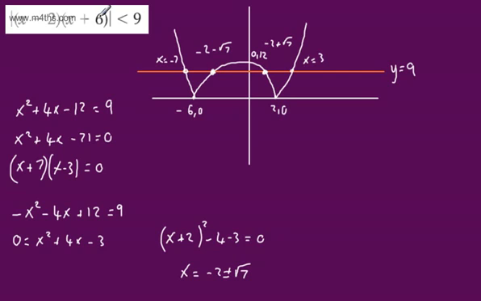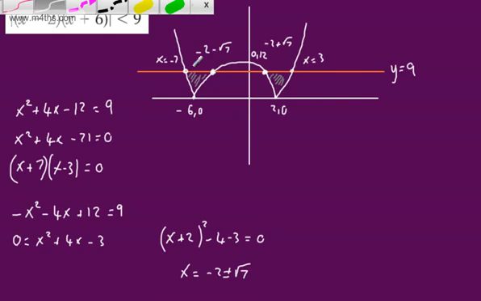What we're interested in is when this is all less than 9. We can see that occurs, and I'll just shade this on. That occurs at this point right here, and then this point right here. That is when this is below 9.